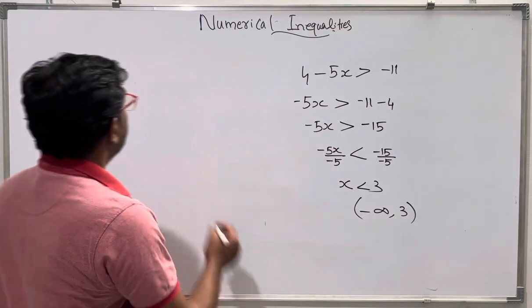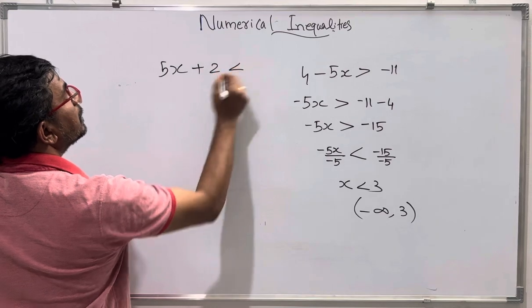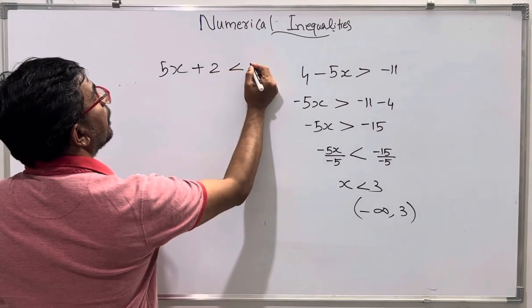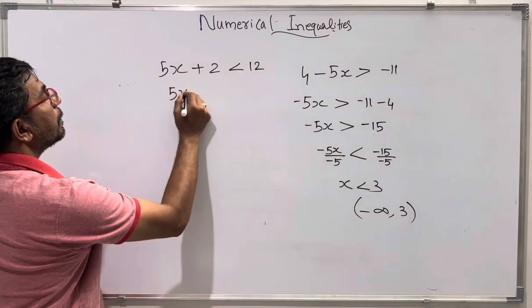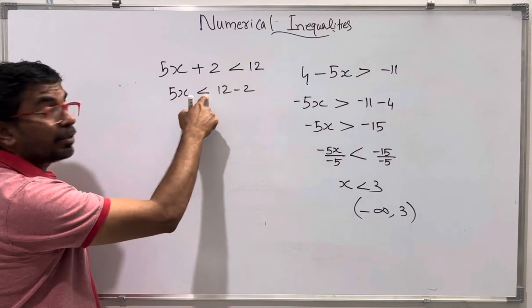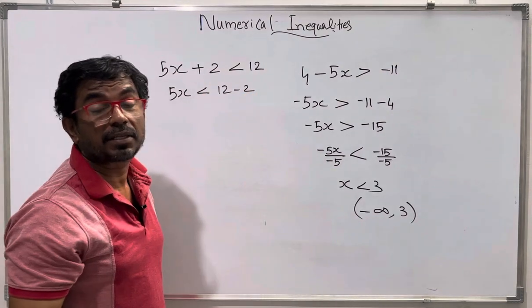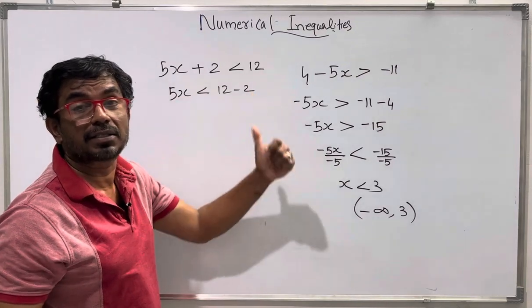If I write here 5x plus 2 less than, say, 12, how do you solve? You will write 5x less than 12 minus 2. I didn't change the inequality because you are doing subtraction. Subtraction or addition, when you move it to the other side, it doesn't change.